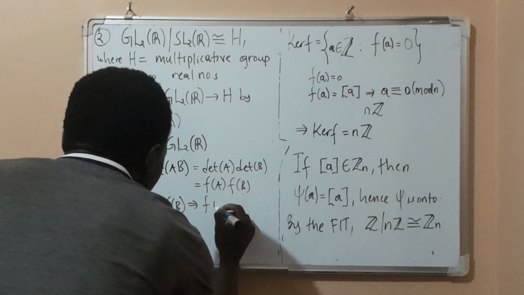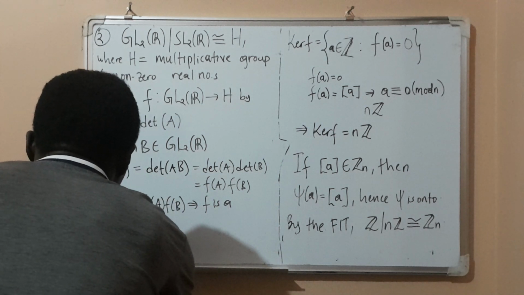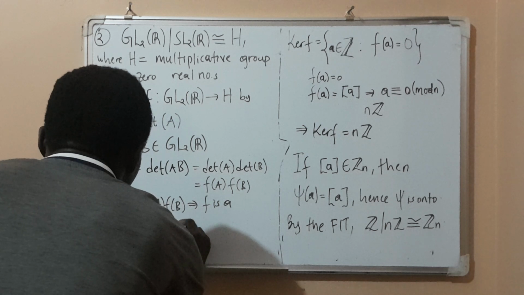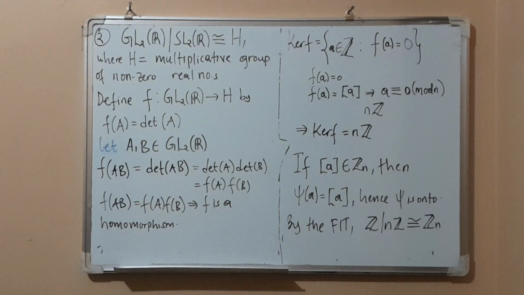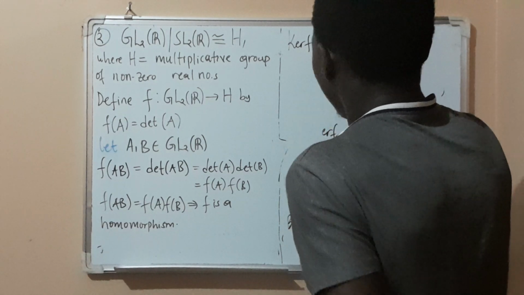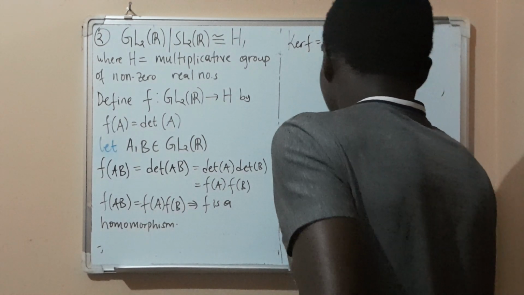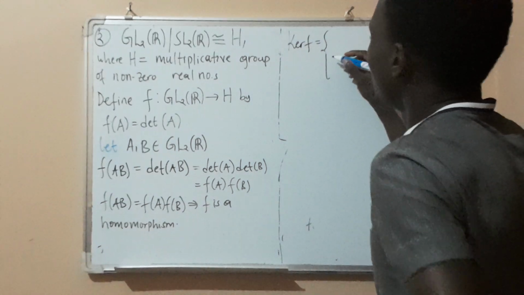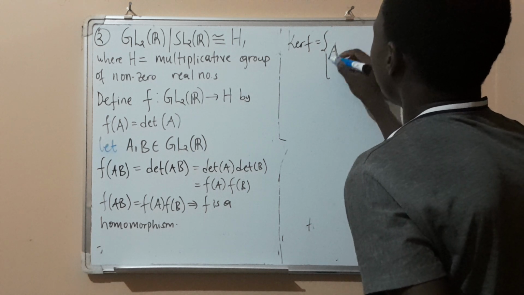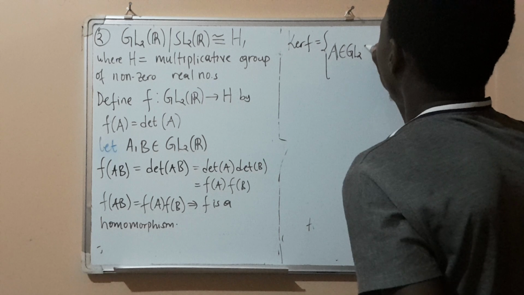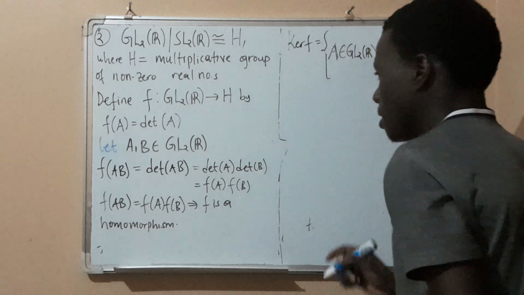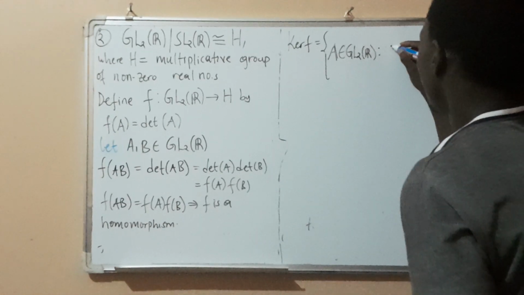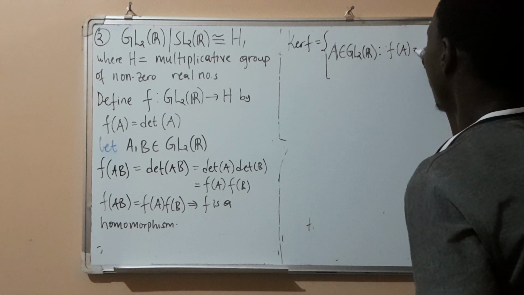So F is indeed a group homomorphism. Now I'm going to compute the kernel of F. So the kernel consists of elements A such that these elements are mapped to the identity.